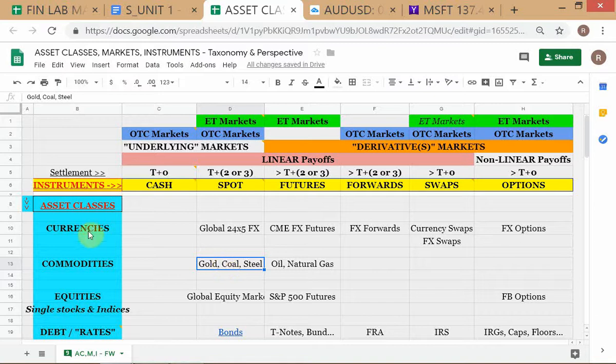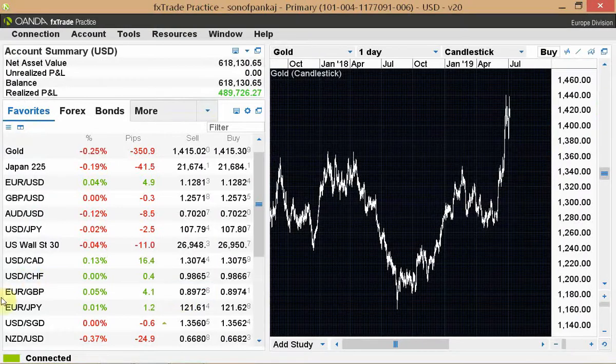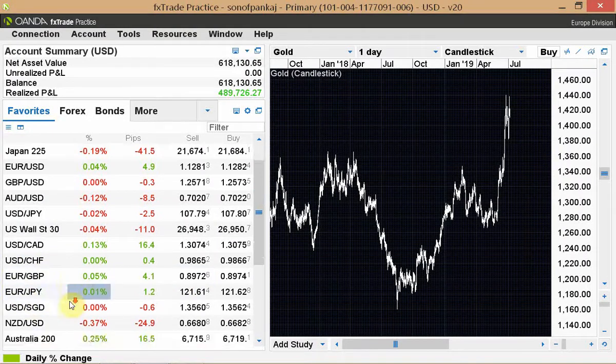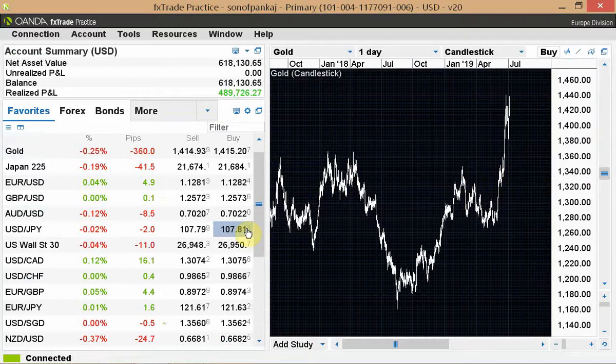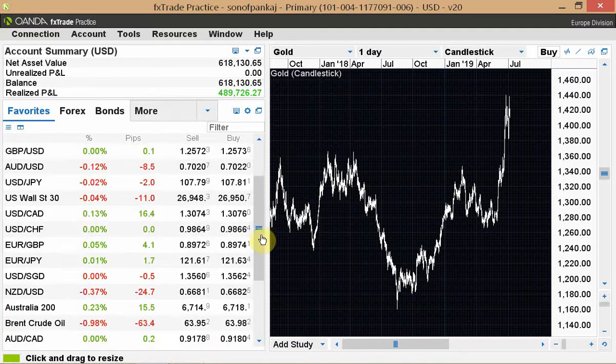Similarly, if I go into the spot currency market, which trades 24/5 from Wellington to New York, you see all these currencies. Think of this box. In this box, you put in all the possible combinations. You can see only a few here, and even this doesn't include everything.